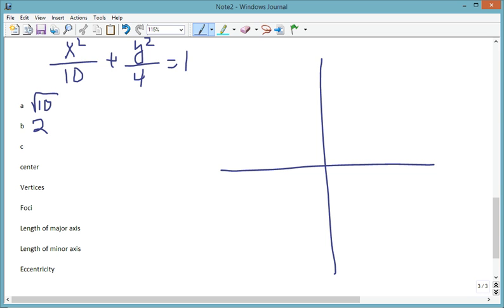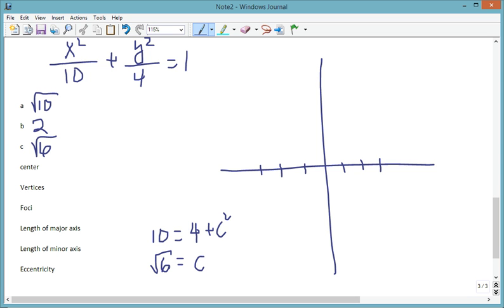And when we find C, we have A squared, which is 10, equals B squared, which is 4, plus C squared. So C is equal to square root of 6, because C squared would be 6. We're not going to be able to do this exact on this graph, but our graphs are not exact anyway.